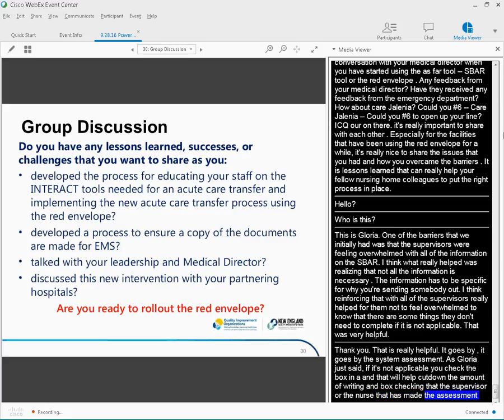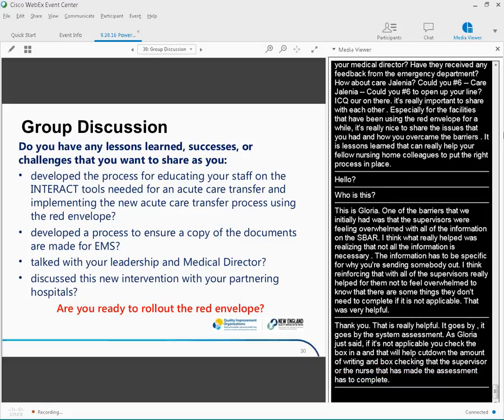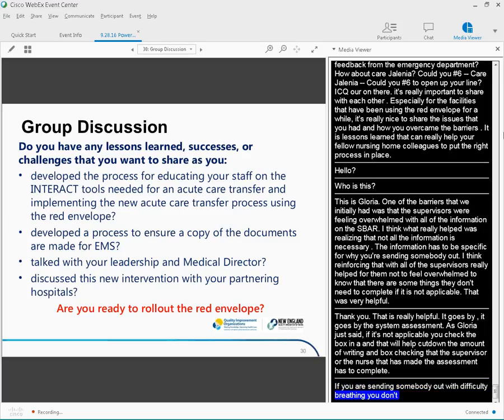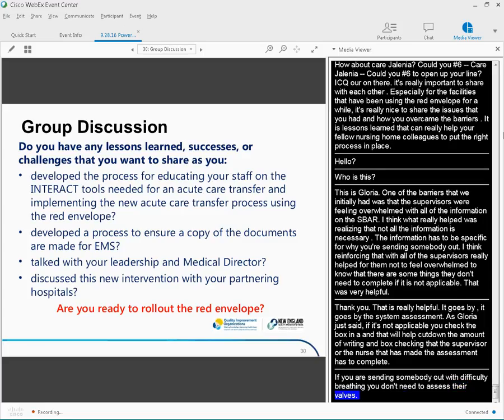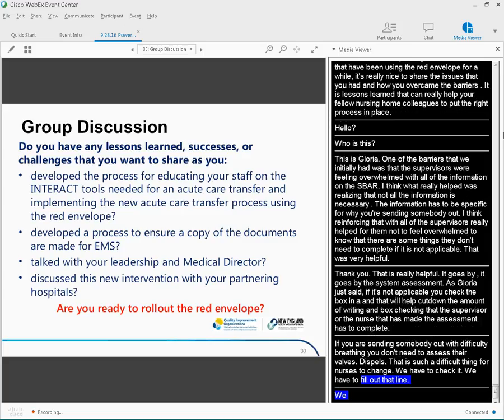If you're sending somebody out with difficulty breathing, you don't need to assess their bowels, but that is such a difficult behavior for nurses to change, because we see a box and we just have to check it. We have to fill out that line. We're used to doing all of that, so we have to learn to cut back. Exactly. And we've learned in nursing school that more is more, that we document everything.